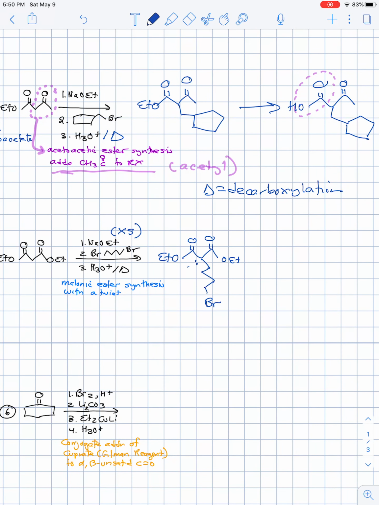And then we make the anion there, and this attacks the other end. And so what we're going to get out of this is a ring that has 1, 2, 3, 4, 5 carbons in it.